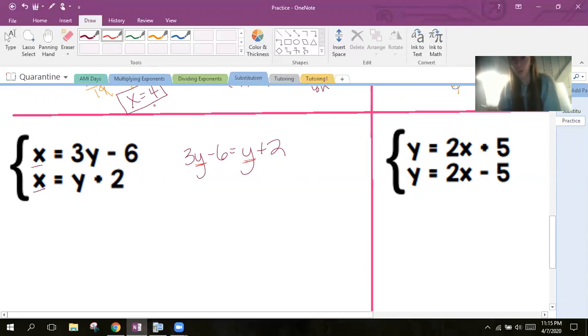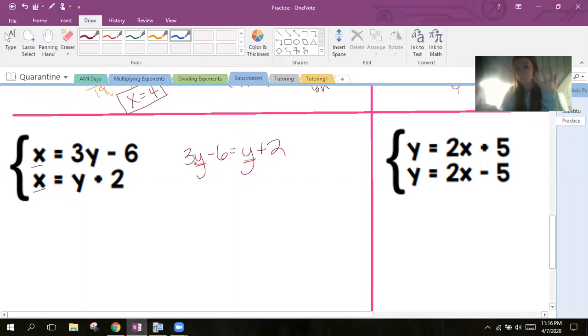Our goal after we set them equal to each other is to get all of the variables on one side of the equation and all of the numbers on the other side. So let's do that. I want to get this y here and move it over here.